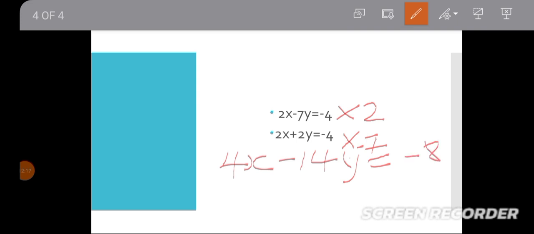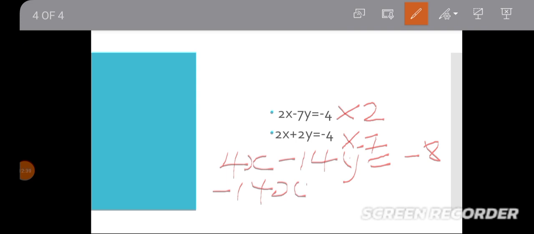And the bottom equation, we're multiplying it by negative 7. So negative 7 times 2x, that's a negative 14x, right?